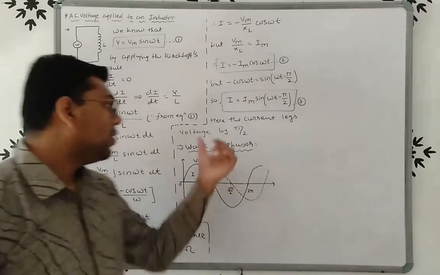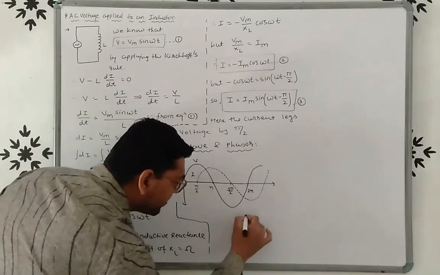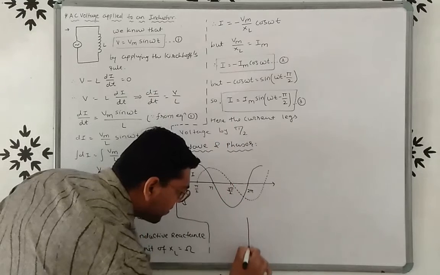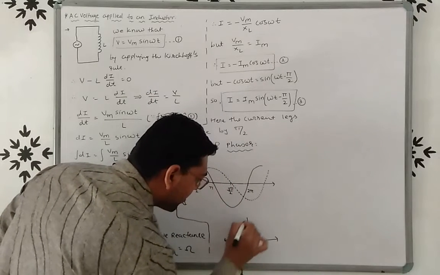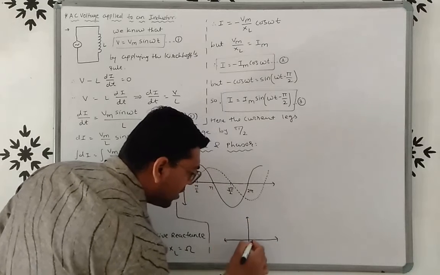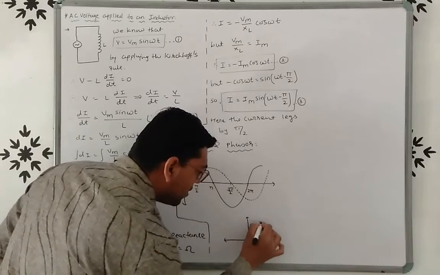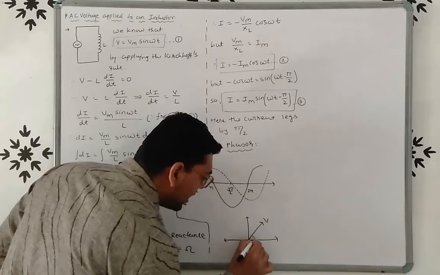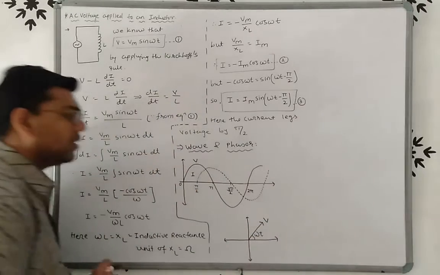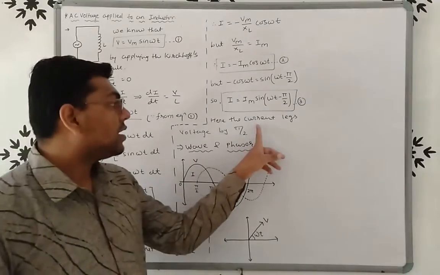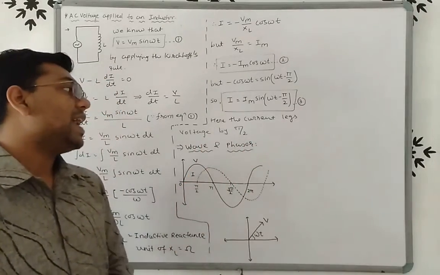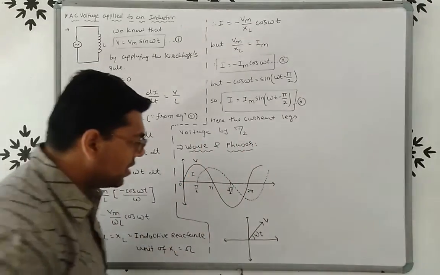Now the phasor is like this. Here this is the phasor of voltage having theta equal to omega t, but here current lags voltage by angle pi by 2, right?